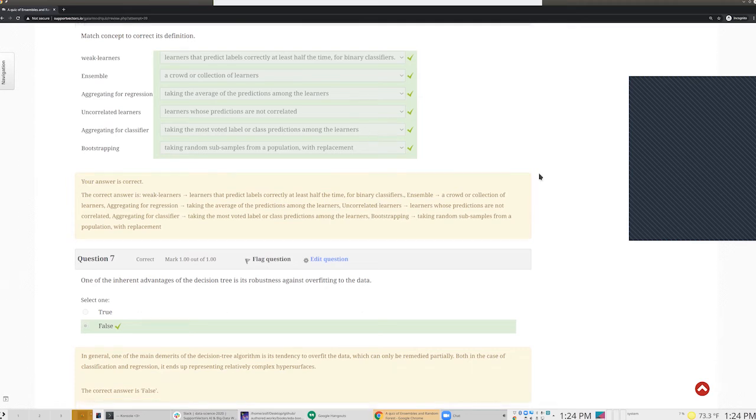Bootstrapping is the process of taking random subsamples from a population with replacement. This needs explanation. The gold standard for statistical analysis is a magic word called IID, independent and identically distributed.